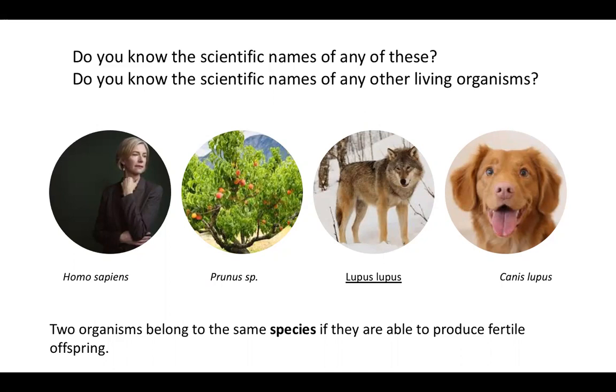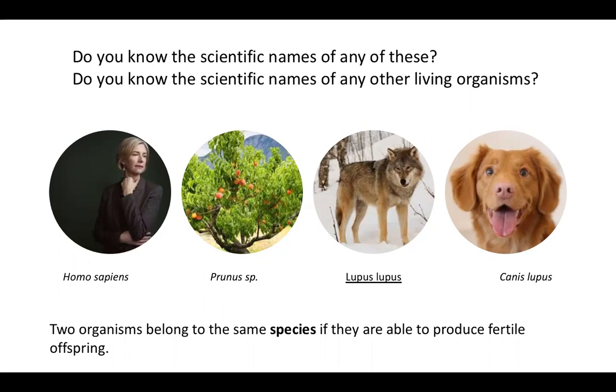Prunus sp., so that's saying it's the genus Prunus, and we'll talk about that in a minute. And it's a particular species, so you get lots of different kinds of Prunus plants. So you get plums and peaches and apricots. So you could get a family of them. So we're saying this is definitely a Prunus one. Might not know exactly which one it is. Lupus lupus, the wolf, and Canis lupus, the dog.